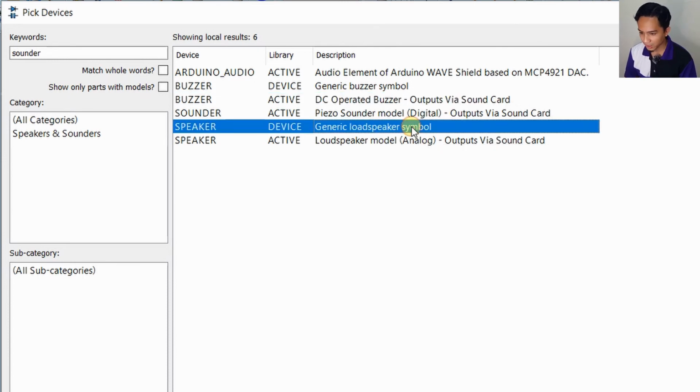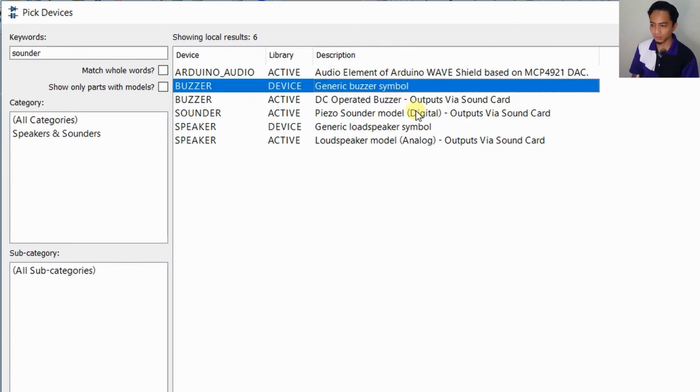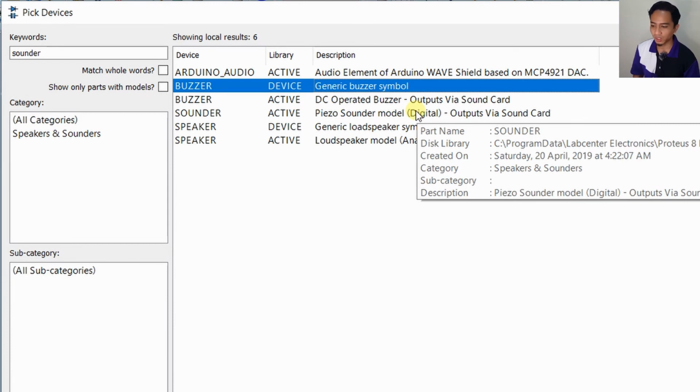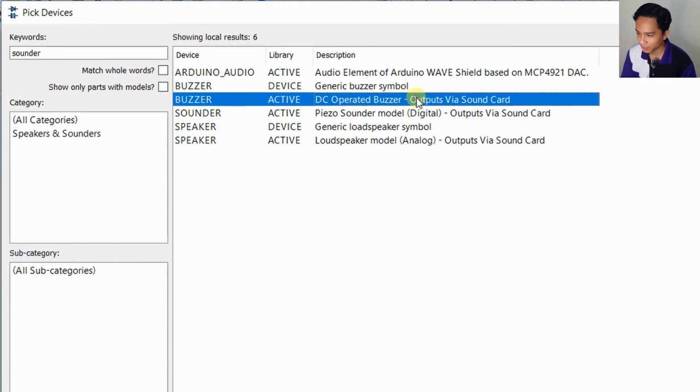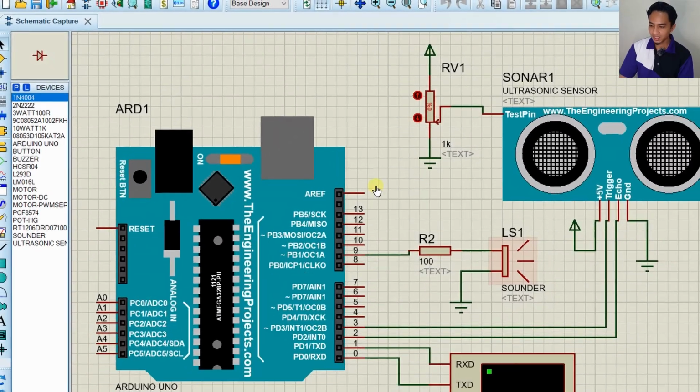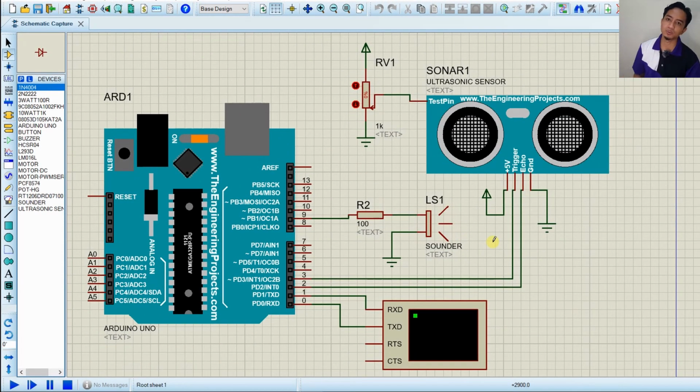If you choose this one here or this one here, you can't simulate the sound. If you want to simulate the sound, make sure you read that it can output via the sound card. So that's it. This is how you choose your components for the Proteus. So if you have Proteus, you can follow this one. If you need time to construct, as usual, just pause this video anytime you want.